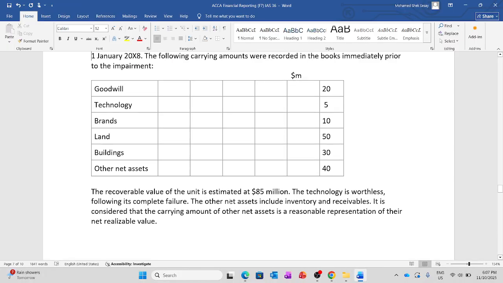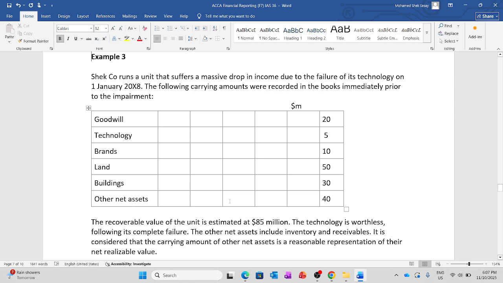So now, look at the question, right? Shellco runs a unit that suffers a massive drop in income due to the failure of its technology on 1st January. Wow. So if the technology fails, it means there's an indication of impairment, and it means the technology has fully impaired, 100%. So this is a specific indication.